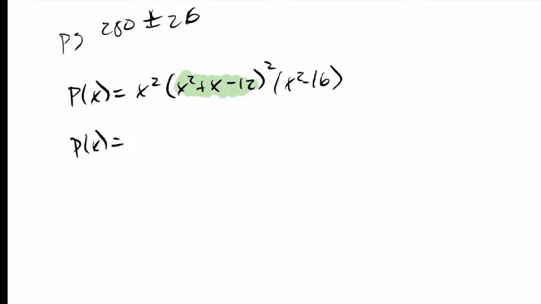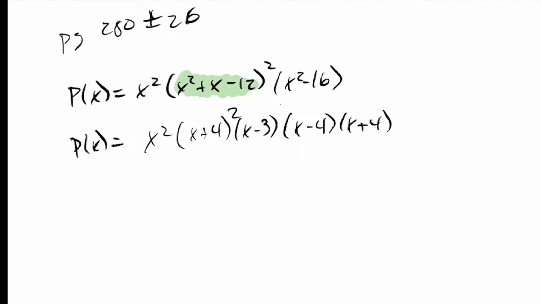Okay, so for 280 here, this is just a factoring question. This will factor to x plus 4, x minus 3, x minus 4, x plus 4, squared and squared. And for 26 here, it says state the multiplicities of each.